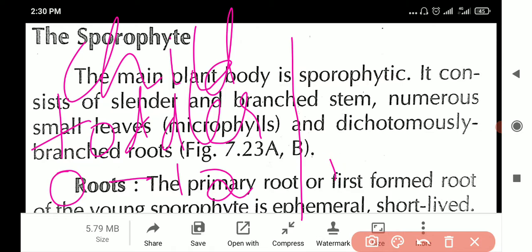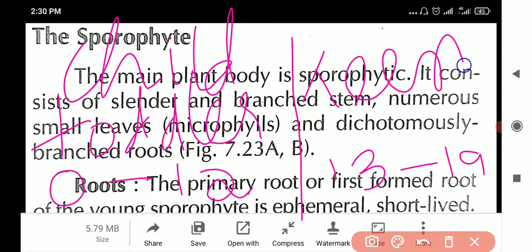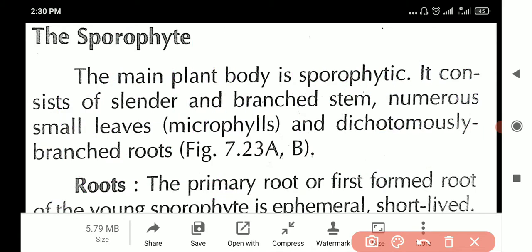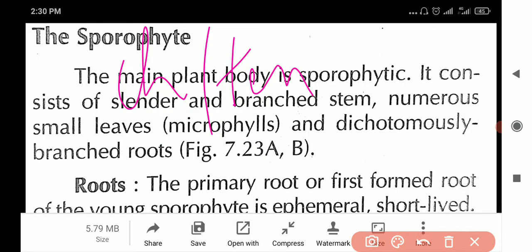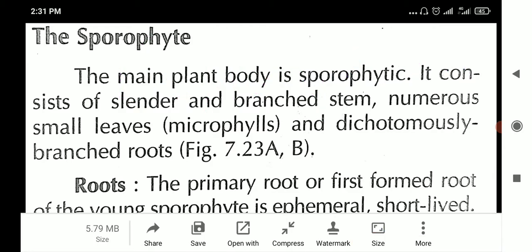Then from the year 13 onwards to 19, you were what? A teenager, right? So let's say for example, this is your gametophytic generation. Actually we have 3 generations: child, teen, and then adult. We have 3 types of generation, but here in Lycopodium you have 2 types. So I think it's clear, ne?